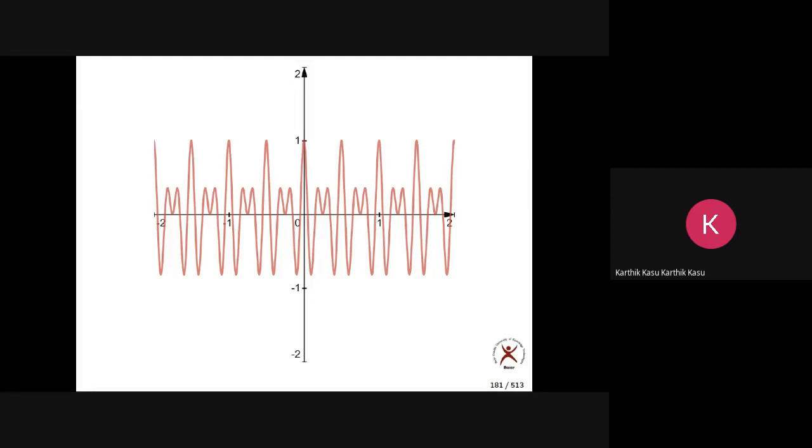Anyone? It is mod of m of t. If m of t is cos, you're getting mod of cos. You can see here like this. So after the class, open the PPT and try to draw the envelope, joining the peaks.